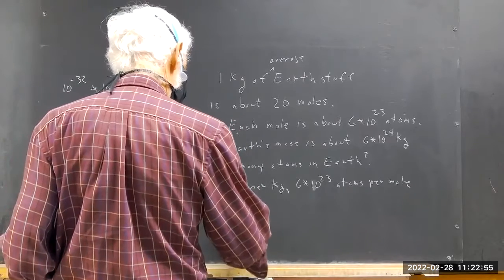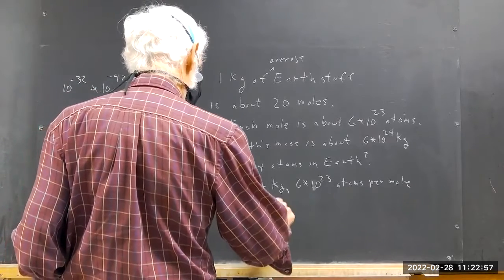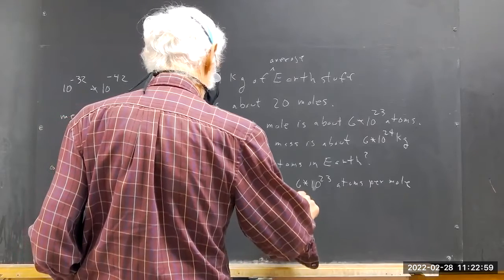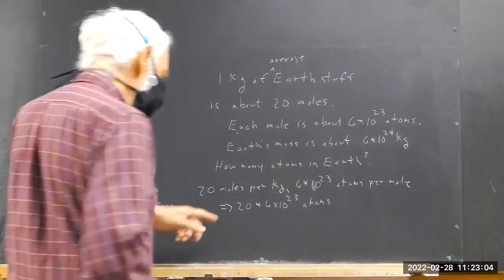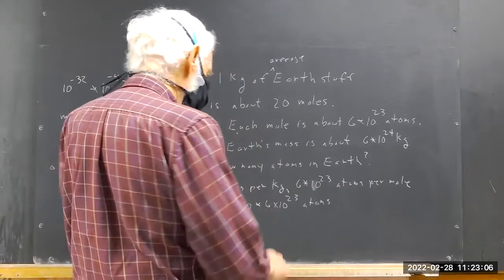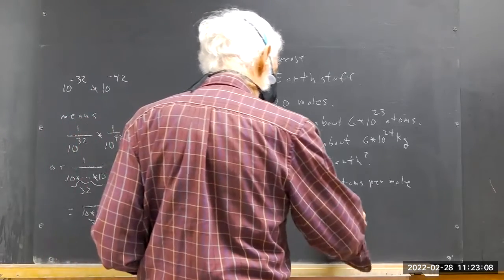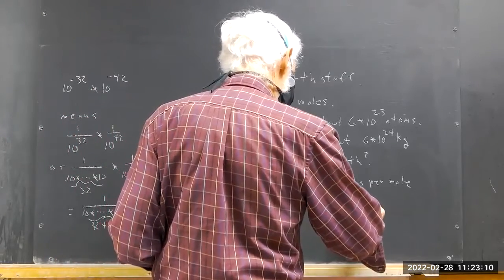That gives you 20 times 6 times 10 to the 23rd atoms per kilogram.